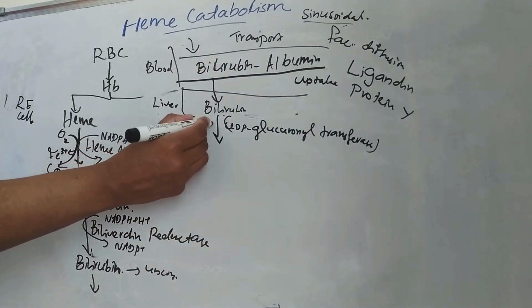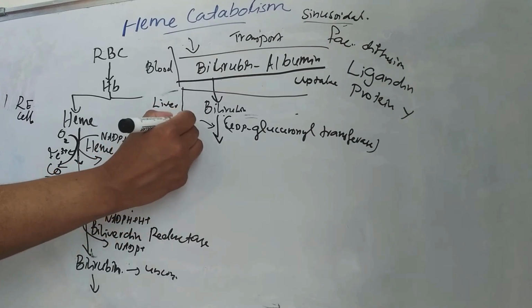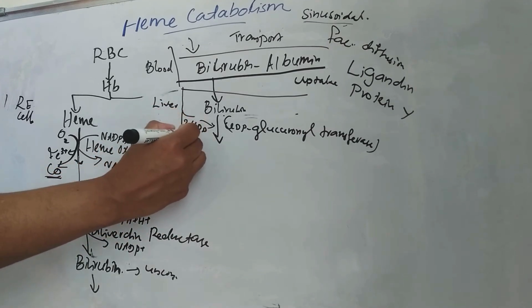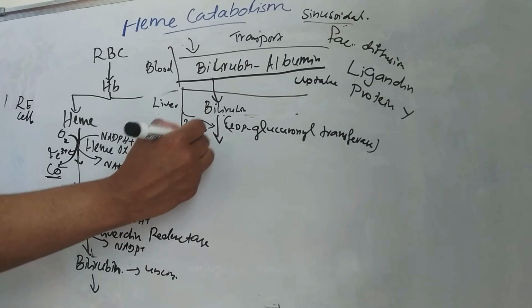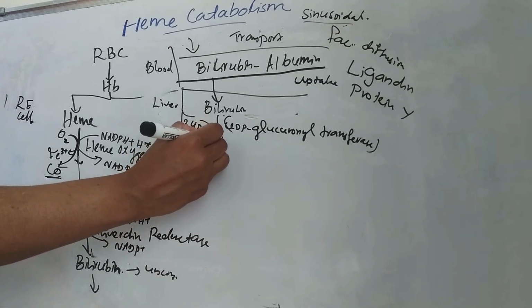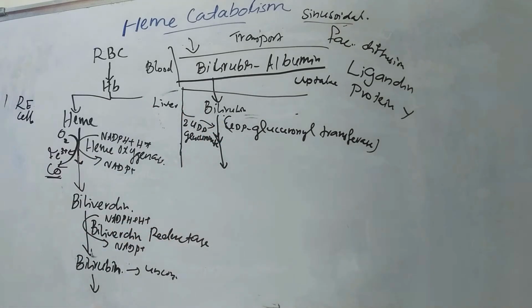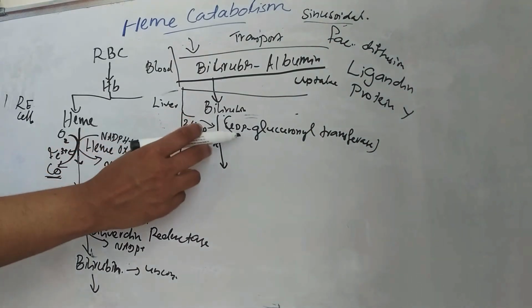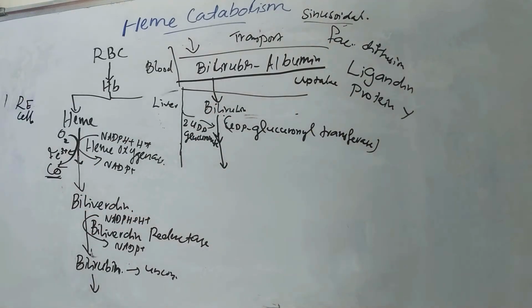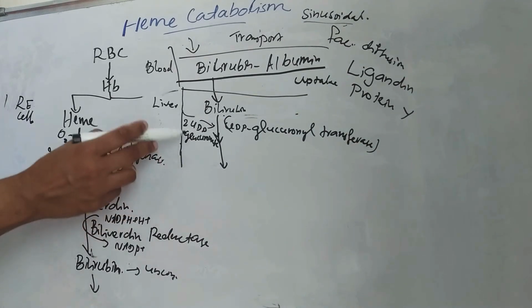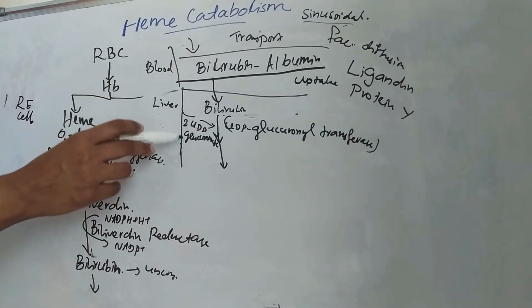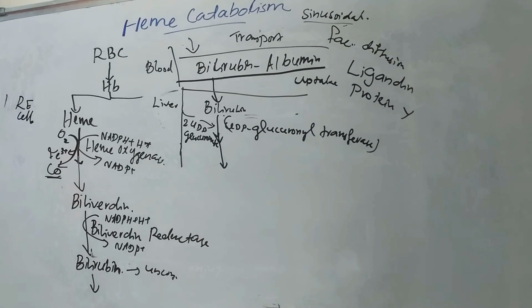So there will be addition of two molecules of UDP glucuronate. This enzyme catalyzes the transfer of glucuronic acid from UDP glucuronate.